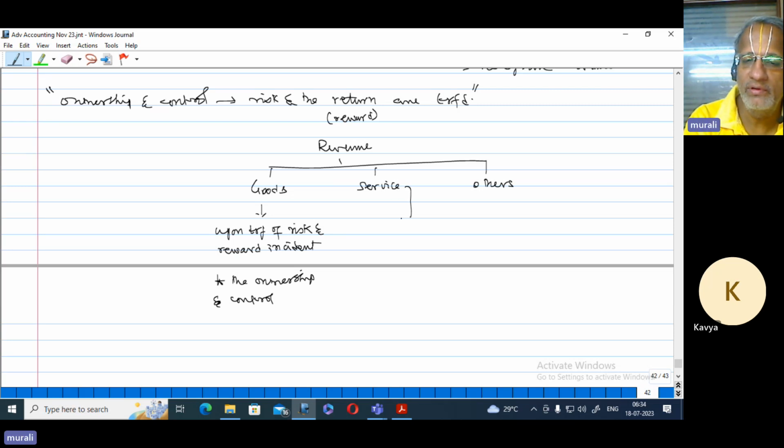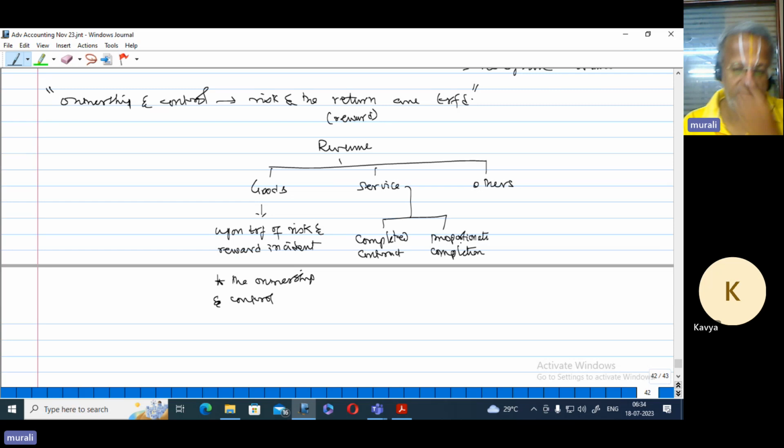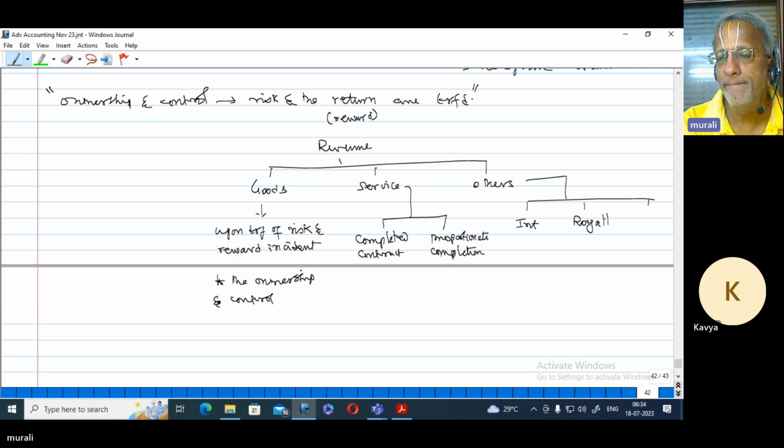Here you have the completed contract method. Next one is the proportionate completion method. Others: interest, royalty, then dividend.